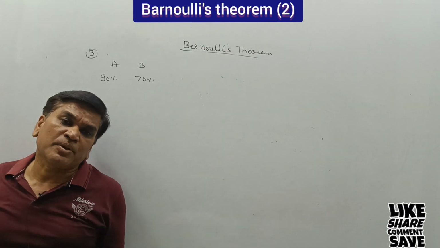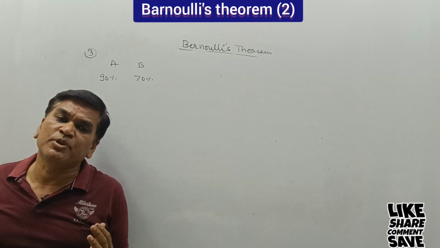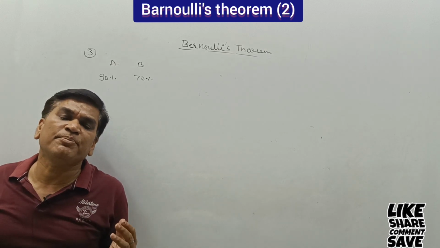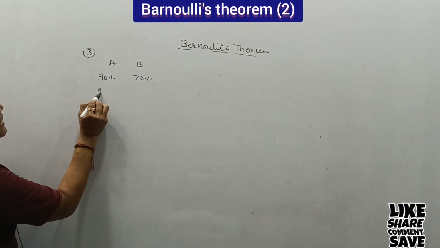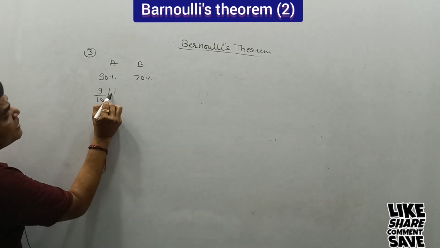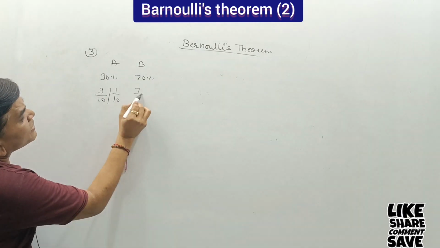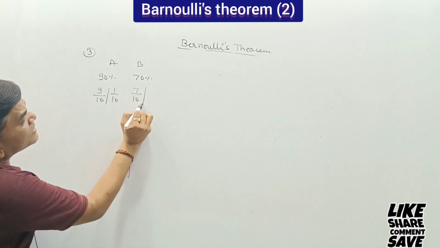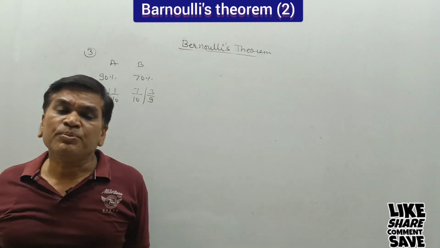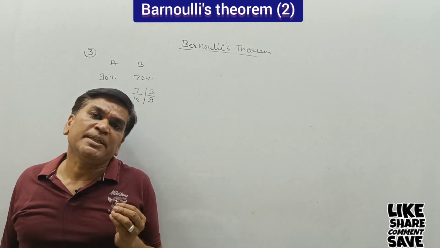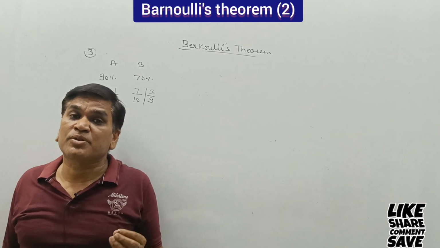A can solve 90% of the questions of a book, B can solve 70%. It means out of 10, A can solve 9 questions and cannot solve 1. Out of 10, B can solve 7 and cannot solve 3. Now we have to calculate the probability that at least one of them will solve the question.